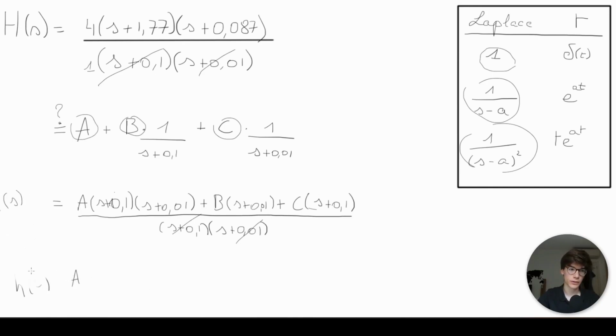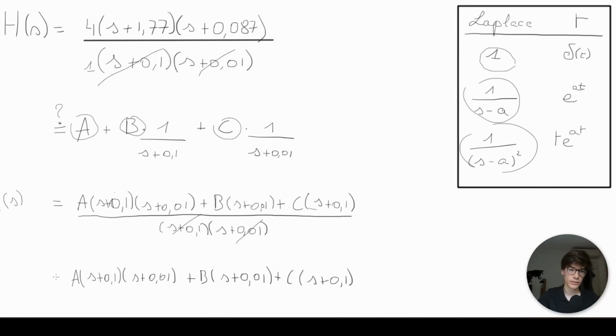I'm going to delete this for a second. Okay. a times s plus 0.1 times s plus 0.01, plus b times s plus 0.01, plus c times s plus 0.1.